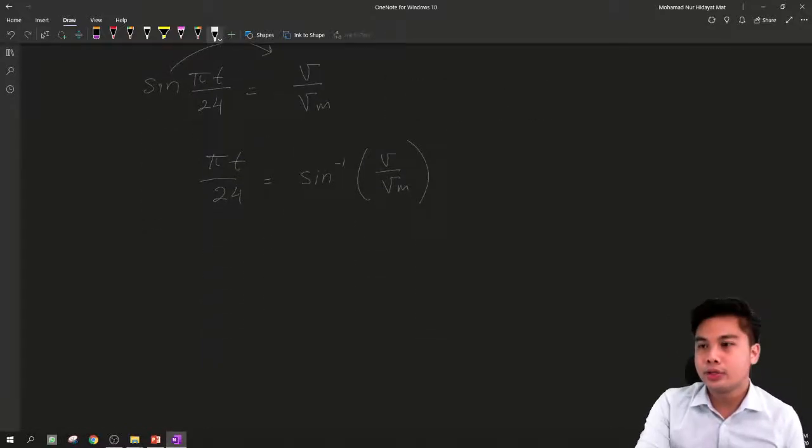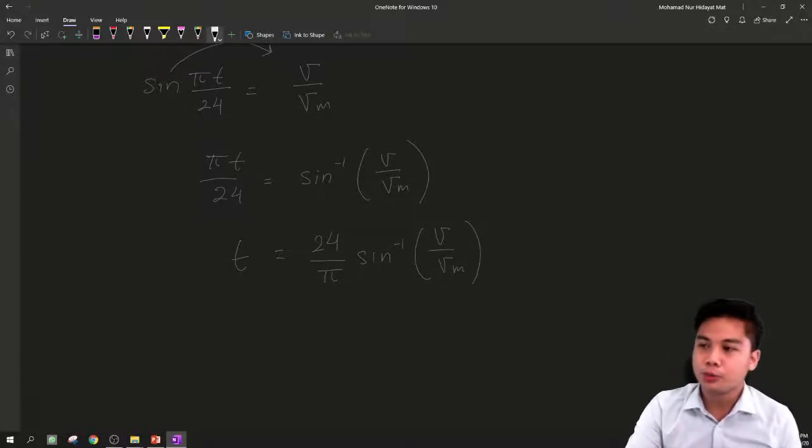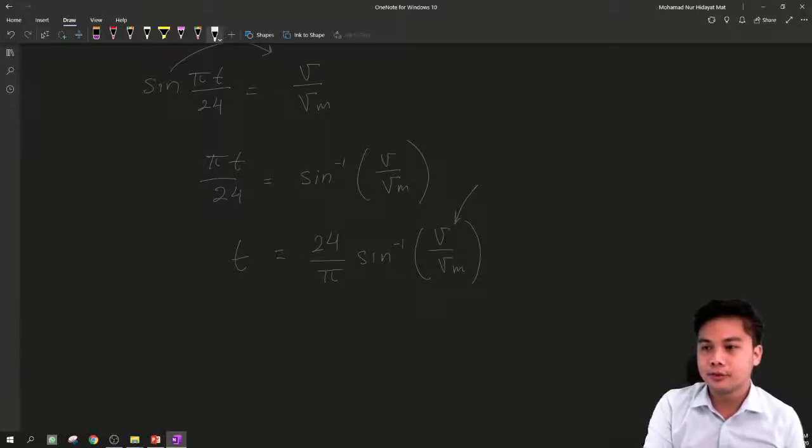And then in order to get time, we move pi and 24 to the other side. Will become 24 over pi sine inverse V over Vm. So of course we need to solve this first inside. So V here refer to 3.1 meter per second.